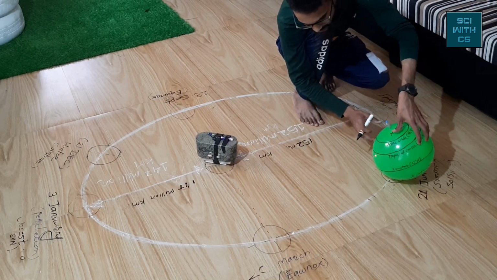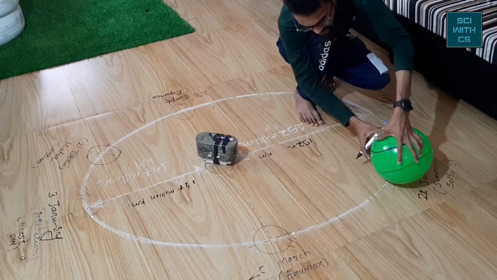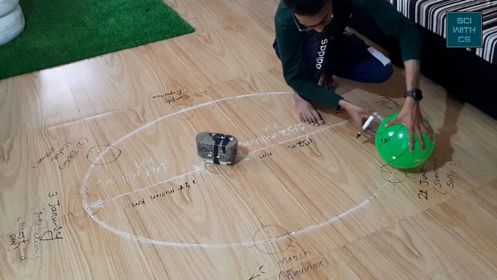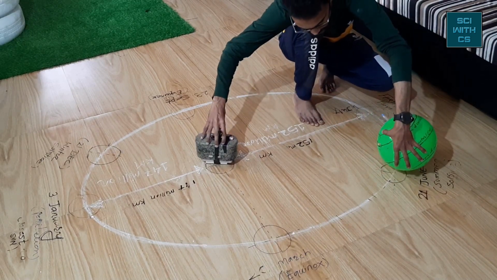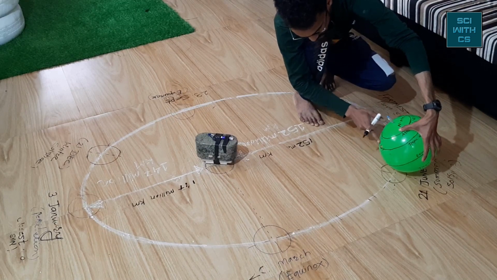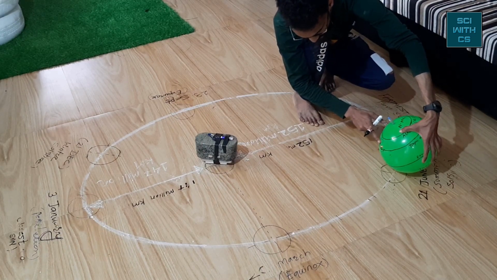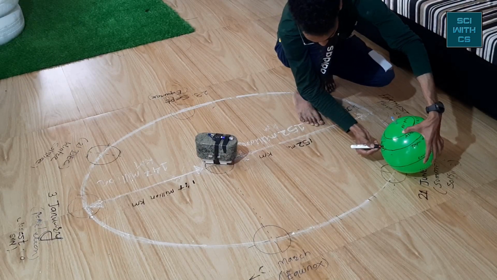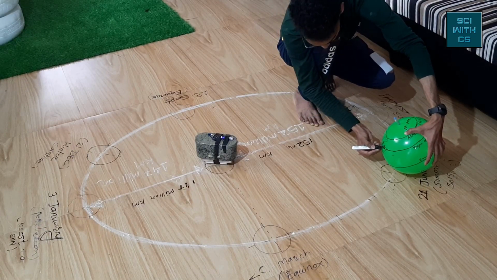So you rotate like this, and the next day arrives, and Earth also rotates around this position. So you get a little over here, and when the second day arrives, at the same position and the same time, you click the second picture of the sun, and we mark this same point over here.